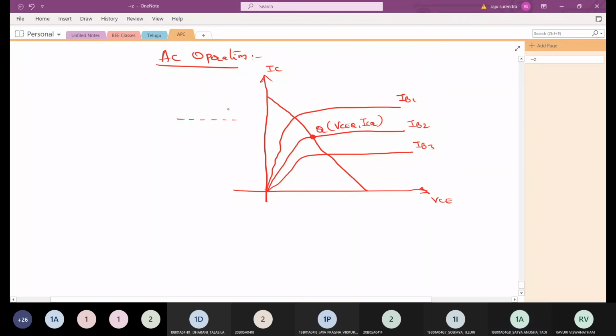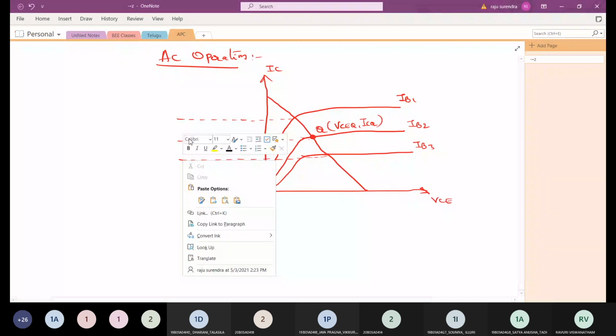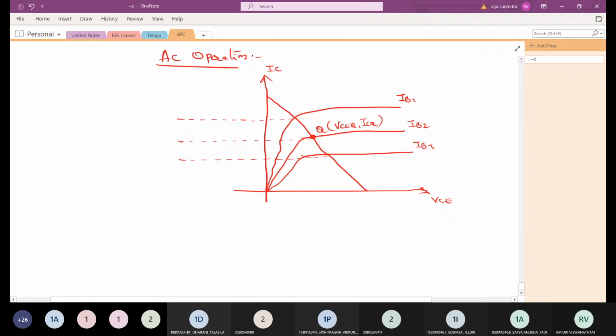And coming to this midpoint, which is a sinusoidal waveform.